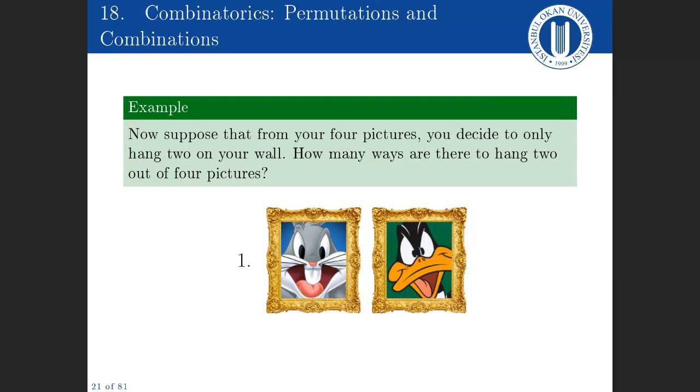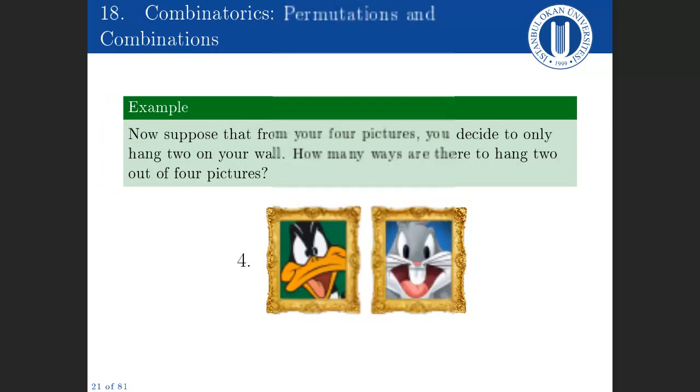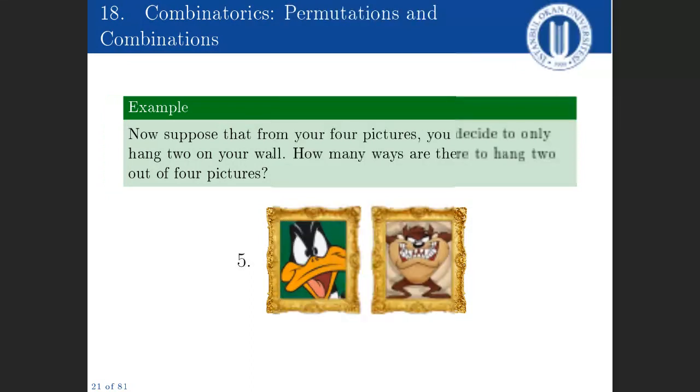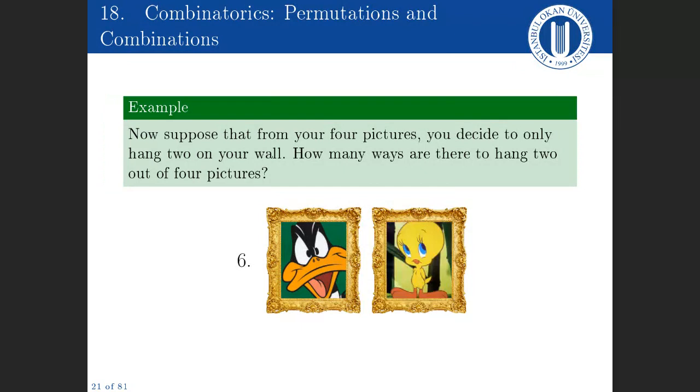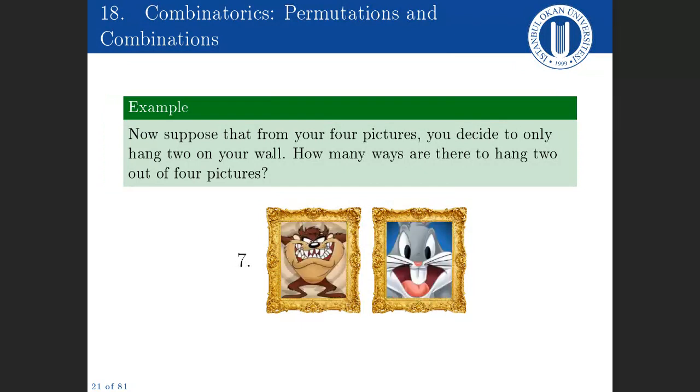Well, this time I'm going to count them. We could do Bugs and Daffy, number 1, Bugs and Taz, Bugs and Tweety. That's all of the ways to put Bugs first. Or we could do Daffy Bugs, Daffy Taz, Daffy Tweety. Or Taz Bugs, Taz Daffy, Taz Tweety.